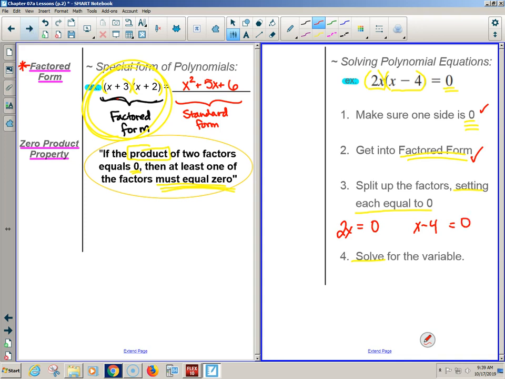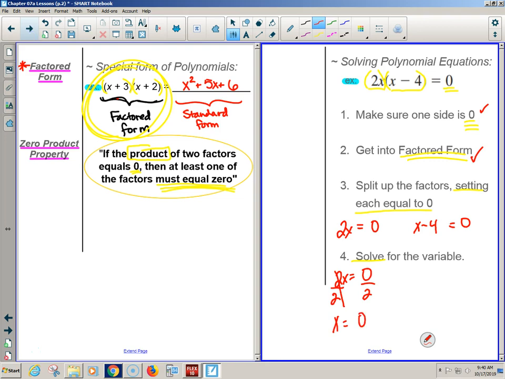Make sure one side is 0. See that it's in factored form. Split them up. Set each one equal to 0. Well, what am I left with doing? Okay, how do I solve for x if I have 2x equals 0? What do I do to both sides? Divide by 2. 2 over 2 is just 1x. And then what's 0 divided by anything? 0.